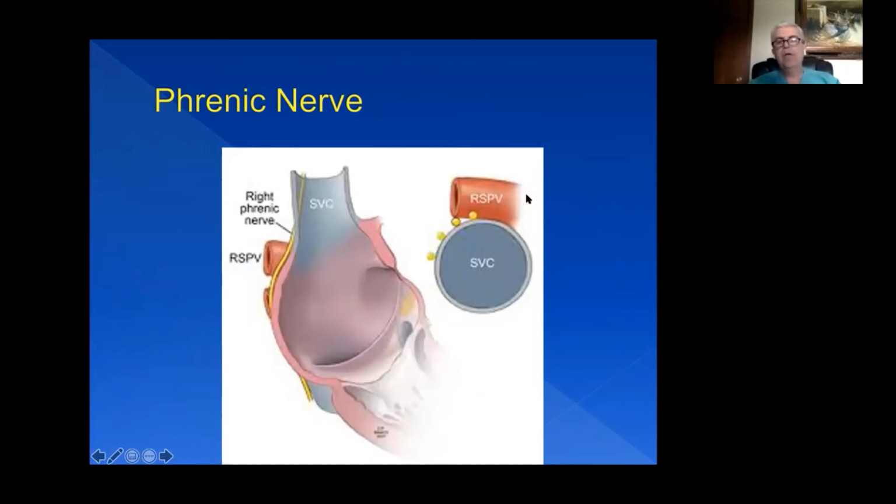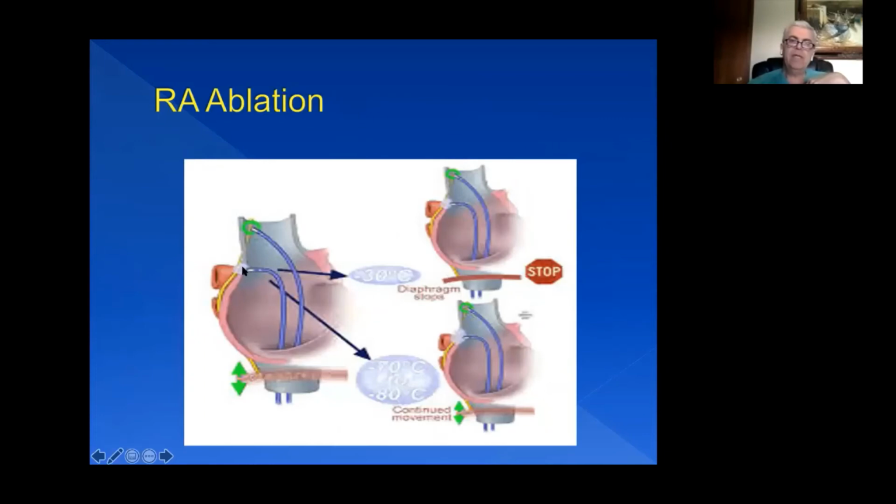If you remember, we stimulate the phrenic nerve to make sure as we are ablating, we are not damaging that nerve. Also, if we are ablating in the right atrium, an area that could be close to the phrenic nerve, it's important to stimulate above in the SVC or the subclavian vein area, stimulate that nerve and make sure that signal continues to reach the diaphragm and feel that diaphragmatic contraction as we are burning.